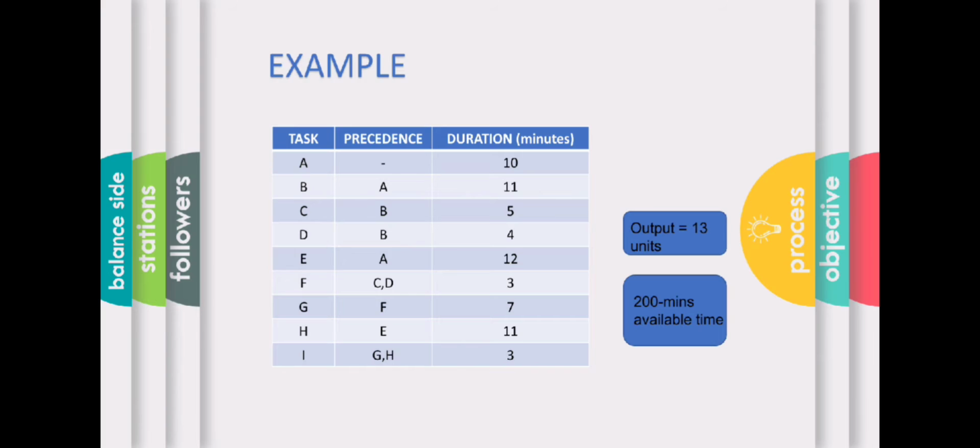C has a precedence of B and a duration of 5. D has a precedence of B and a duration of 4. E has a precedence of A and a duration of 12 minutes. F has a precedence of C and D and a duration of 3 minutes. Task G has a precedence of F and a duration of 7 minutes. Task H has a precedence of E and a duration of 11. And lastly, task I has a precedence of G and H and a duration of 3 minutes.